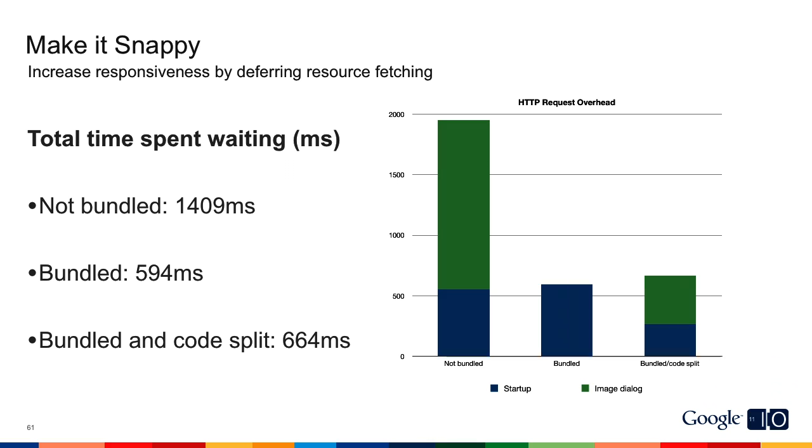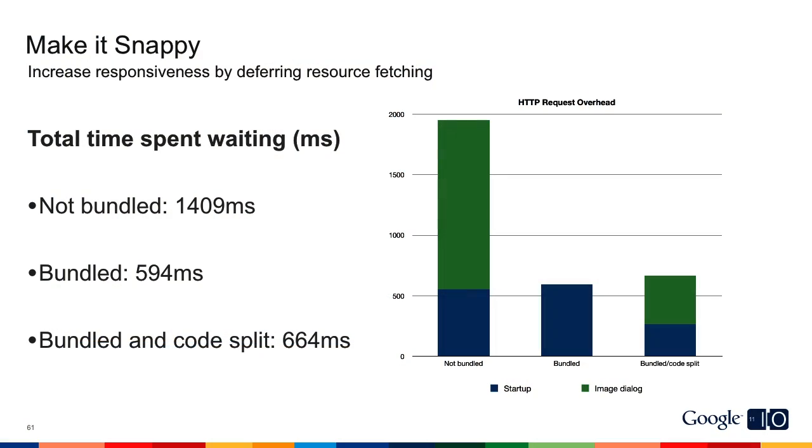When you bundle it, you drop that down to 594 milliseconds, but you're incurring all of that on the startup. So the blue is startup, and the green is when you click the button. You incur all of that latency on startup. But when you bundle and code split, you get the best of both worlds. You have minimal startup time, and then you have all of your bundling and all of your time spent when you click the button.